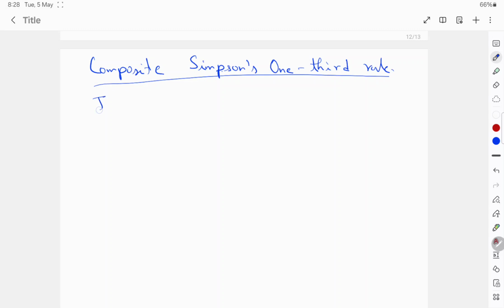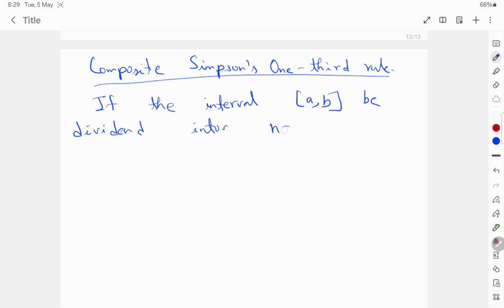Okay, so if you divide your interval into 2m parts, that means what will be the number of points?